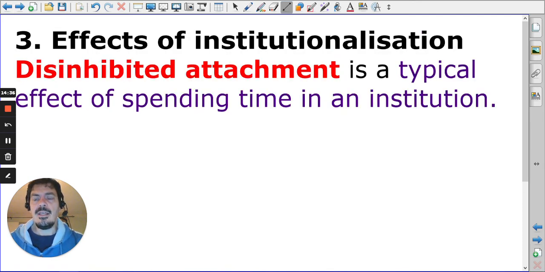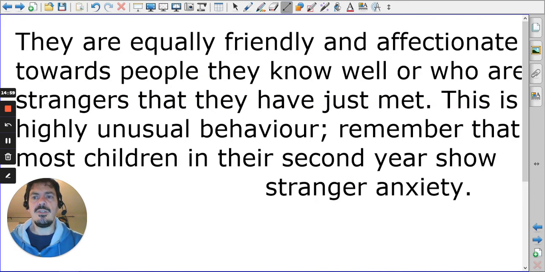And this certainly leads into the whole topic of the effects of institutionalization. And of course, there's lots of different effects that we've already had a look at. So I'm going to give you an outline that's a bit repetitive. So the first one, of course, is disinhibited attachment, and this is seen as a clear effect of spending time in an institution.